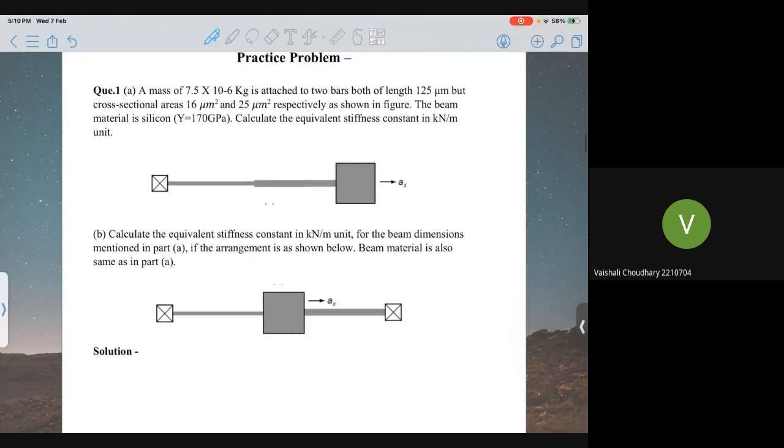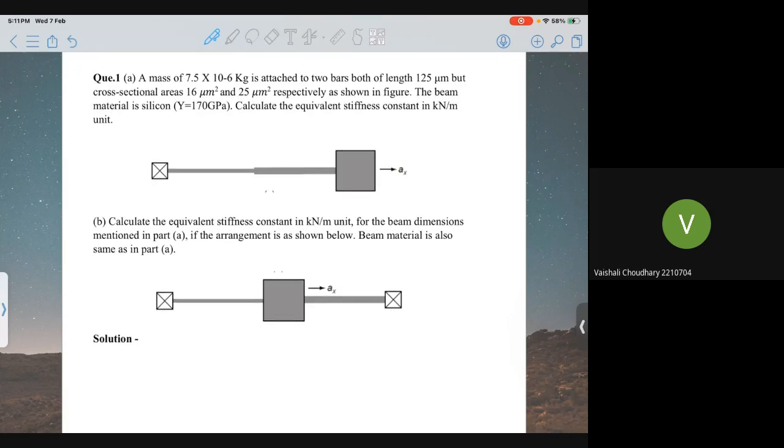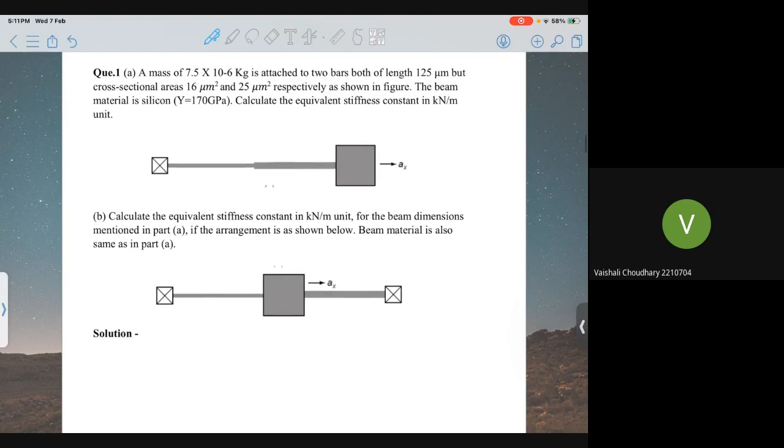So first we'll start with problem 1. In this problem, they are giving a spring mass of 7.5 into 10 to the power minus 6 kg attached to two bars, both of length 125 micrometer, but the cross sectional areas are 16 micrometer square and 25 micrometer square respectively, as shown in figure.